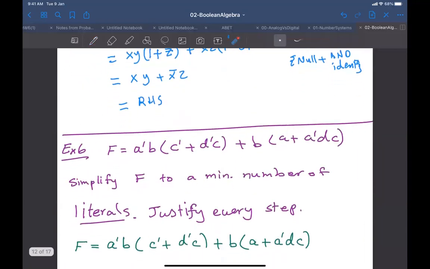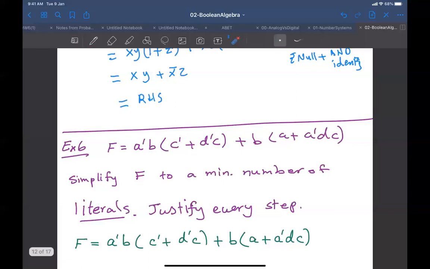All right, today we are going to continue by giving more examples. So we have this function, which is this expression. We would like to simplify f using algebraic manipulations to the minimum number of literals. When we say a literal, we mean a letter that is either complemented or true. So the number of literals in the original expression is how many?